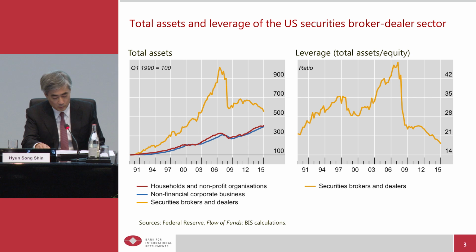I have also plotted for comparison the total assets of the US non-financial corporate sector, the line in blue, and the total assets of the US household sector, which is the line in red.